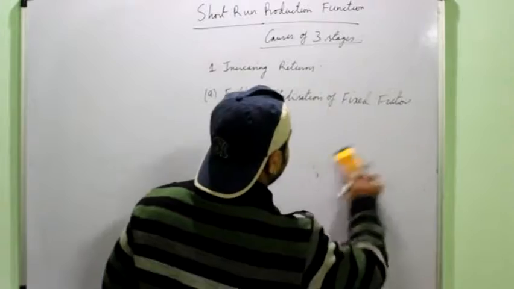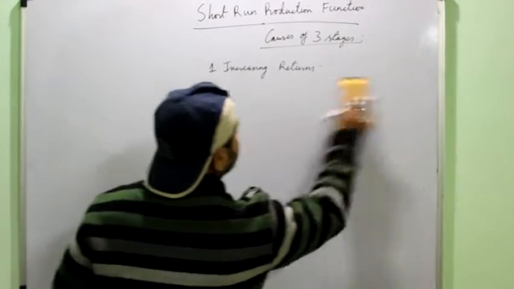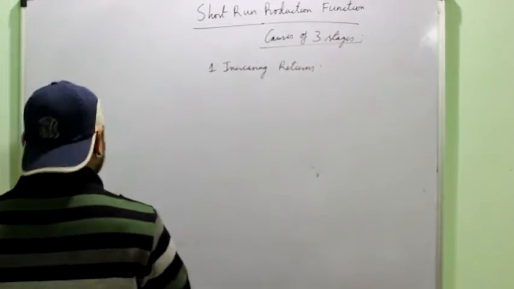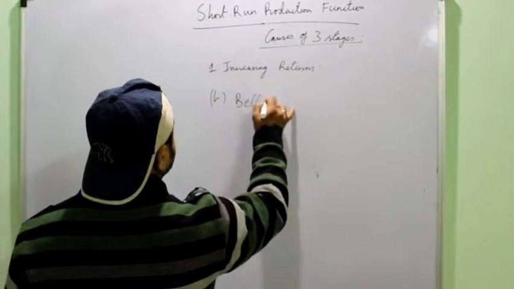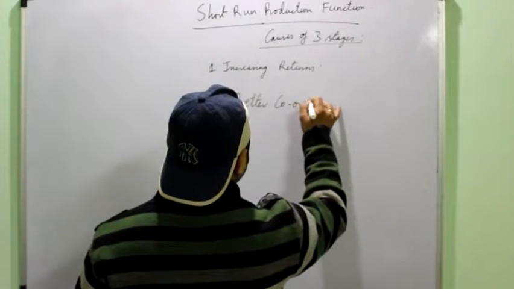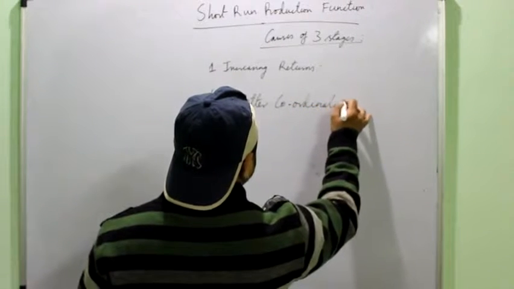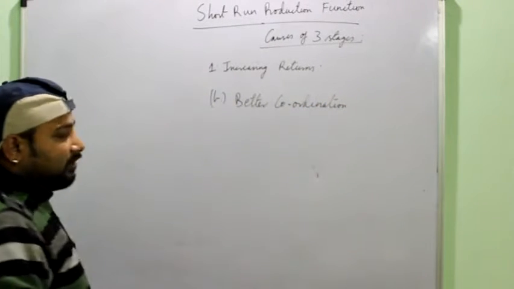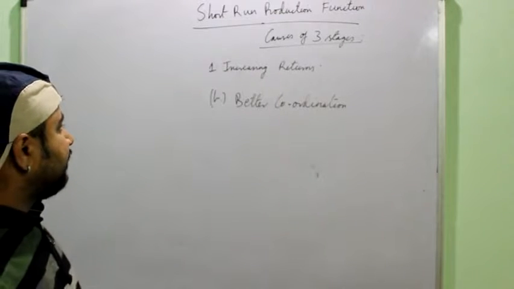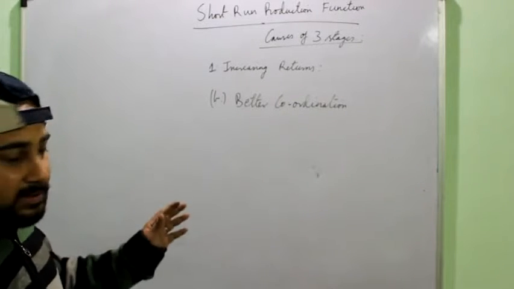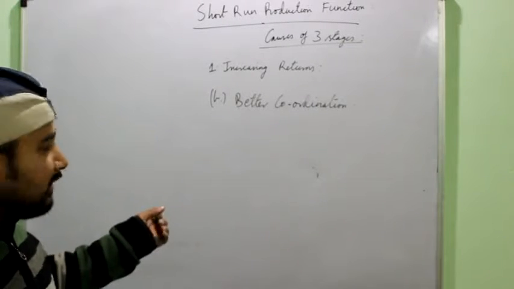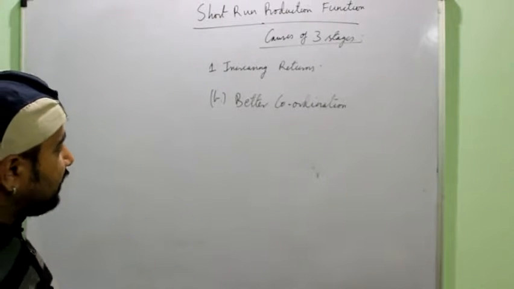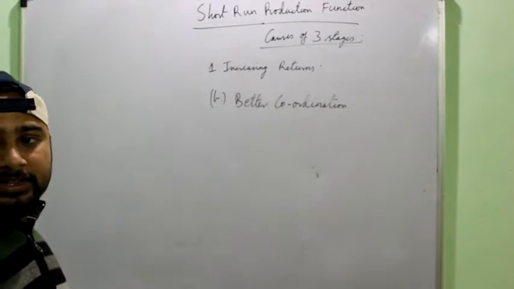Then second is better coordination. See, because of the extra installed capacity, the capacity which we are not using, some of the variable factor was lacking. Once I increase the variable factor, then the coordination would increase.